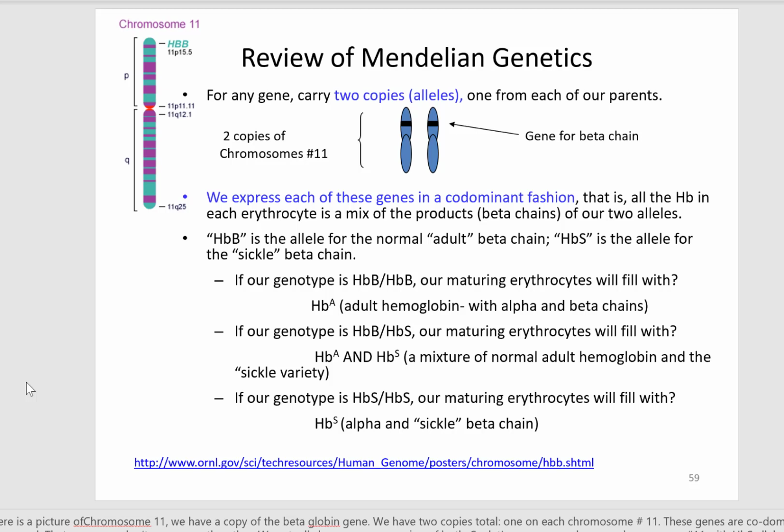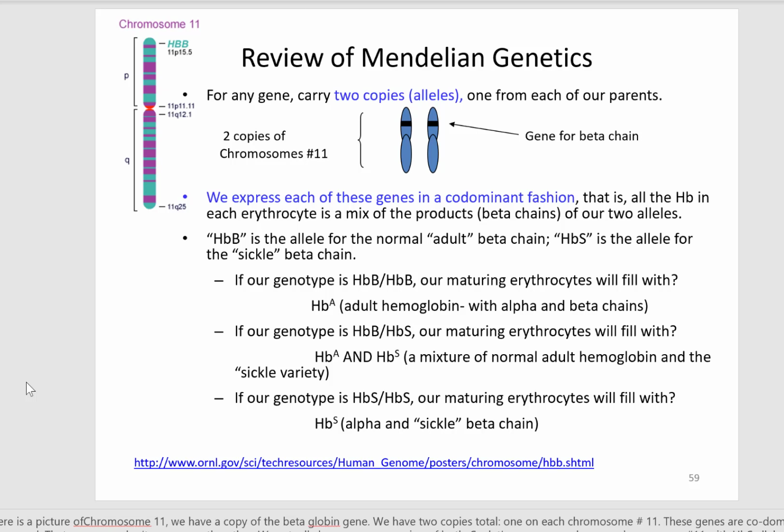So the mature erythrocytes would be filled with normal adult hemoglobin because the alpha globin chains could randomly assemble with the healthy beta globin genes. But these red blood cells would also have HBS. They would have a mixture of both normal hemoglobin and the sickle variety.